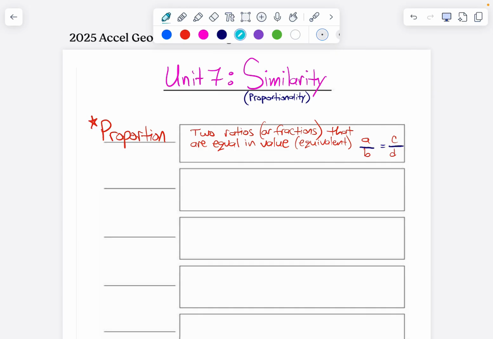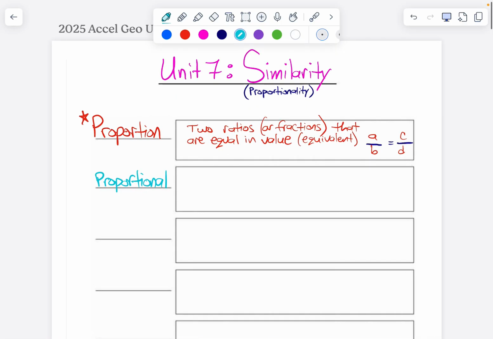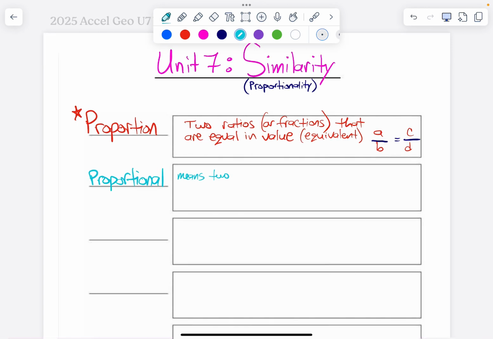All right, and then similarly, let's just define proportional. That's an adjective, right? It's kind of weird to write it twice. I'm going to show you why in a second.